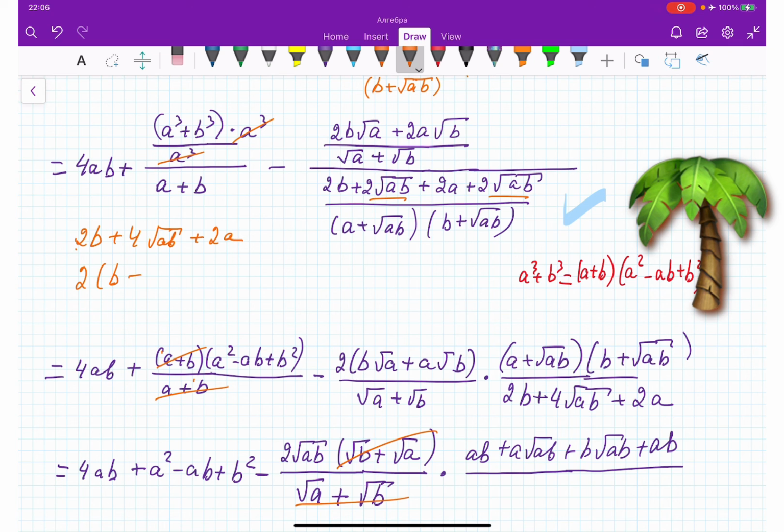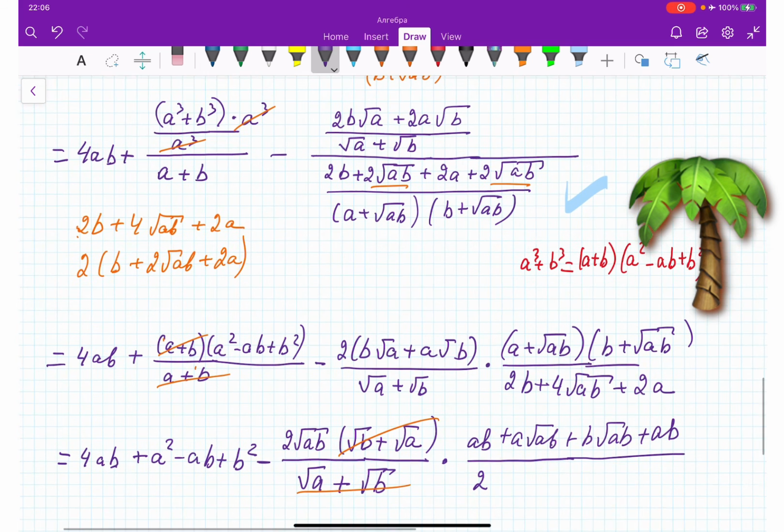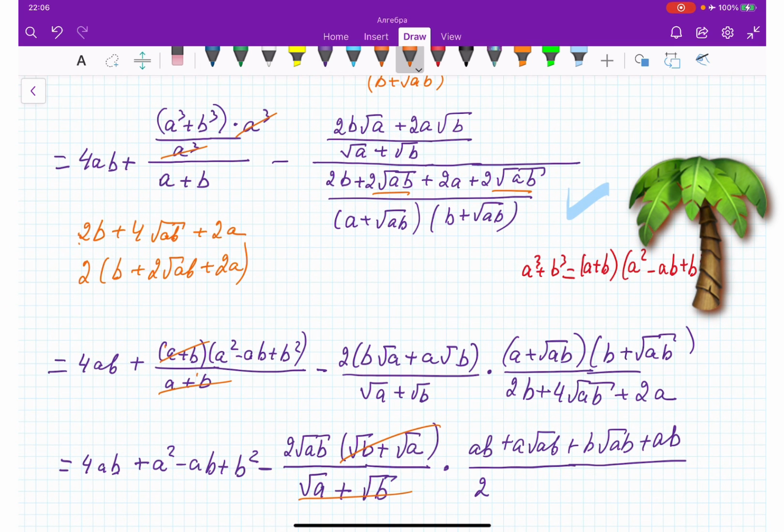I will have b plus 2 square root ab plus 2a. Let me put these 2 in the denominator here, otherwise I will forget. This is going to be square root b squared plus square root a squared and plus 2 square root ab. See that? So I'm getting here twice square root b plus square root a squared. Yes? Okay.